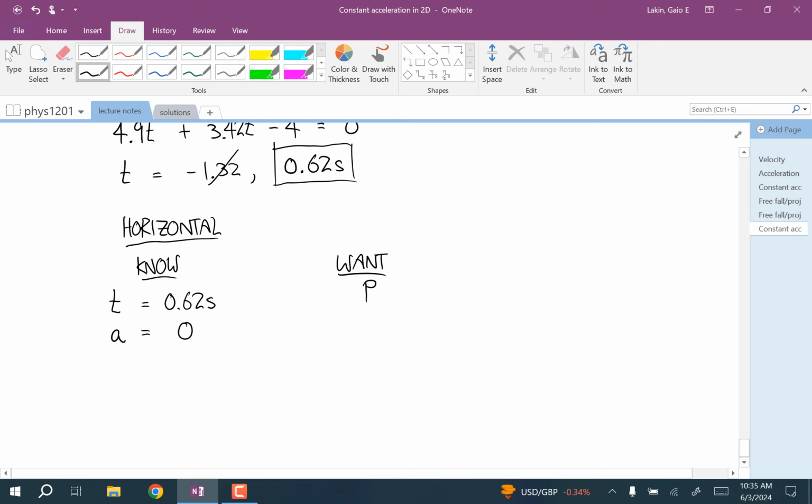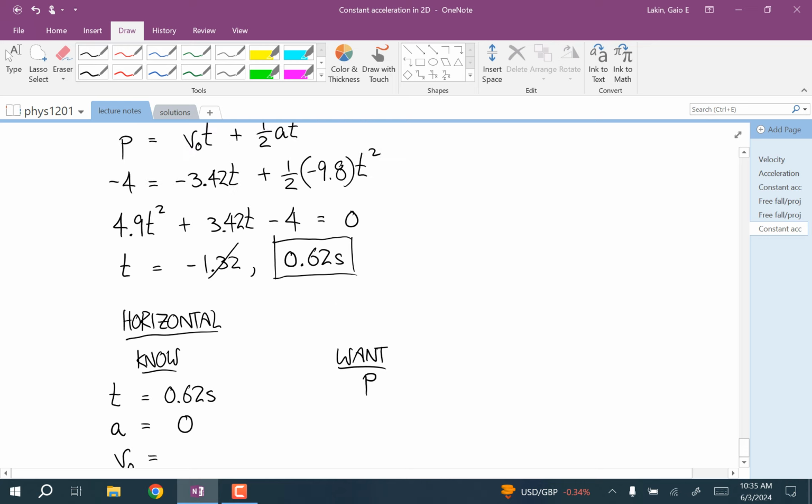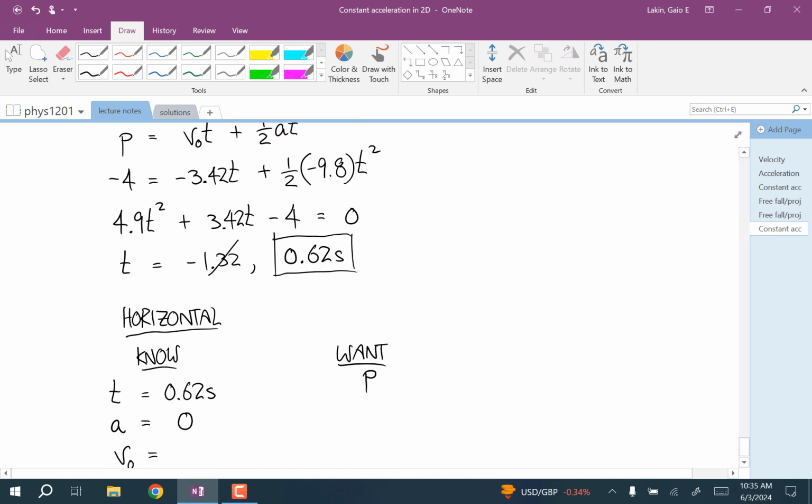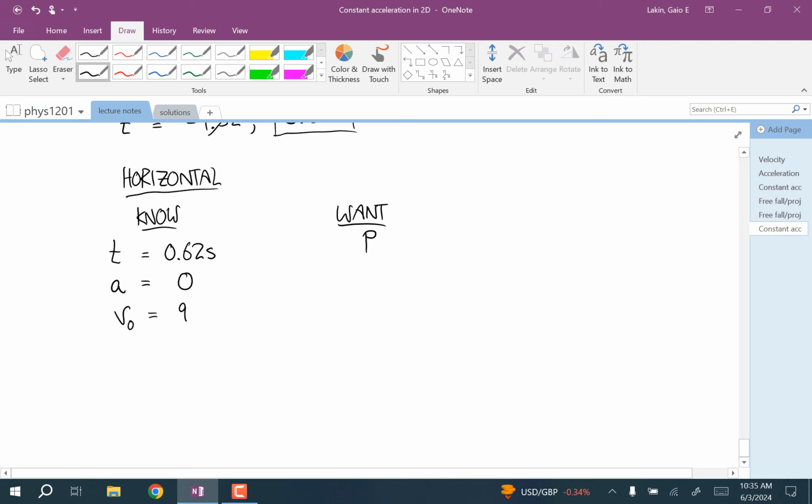We're trying to find p. Our V0 is the horizontal component of the velocity when it's launched, so 9.4 meters per second. And we'll use this equation again. p is equal to V0 t plus 1/2 a t squared.